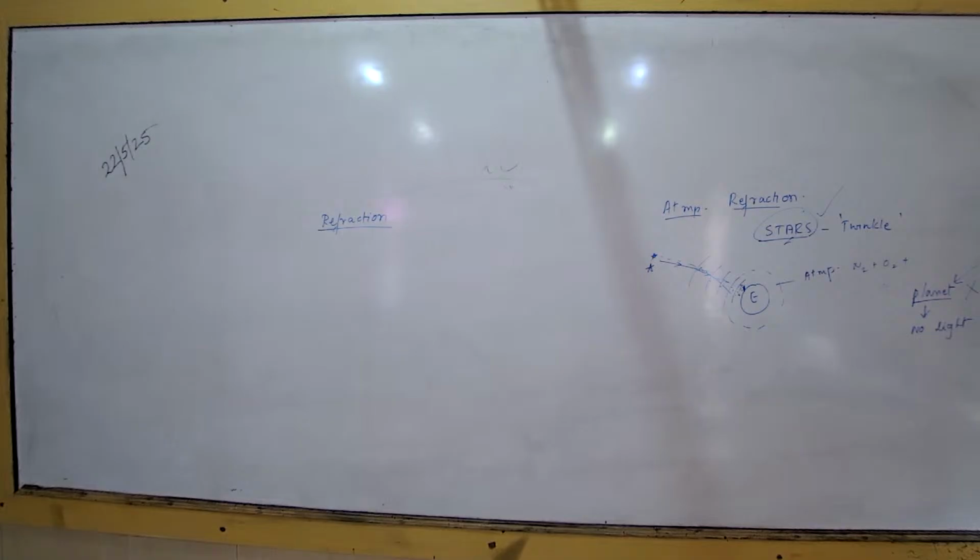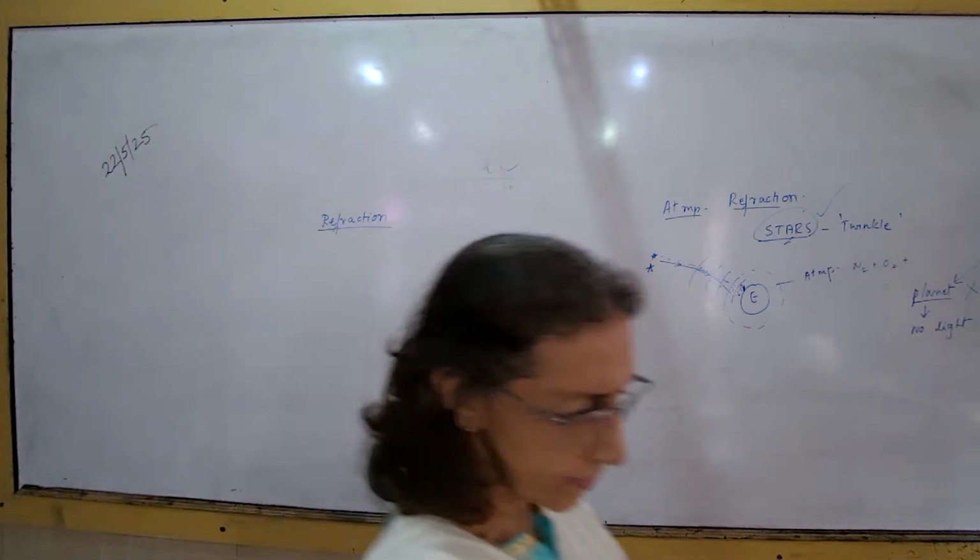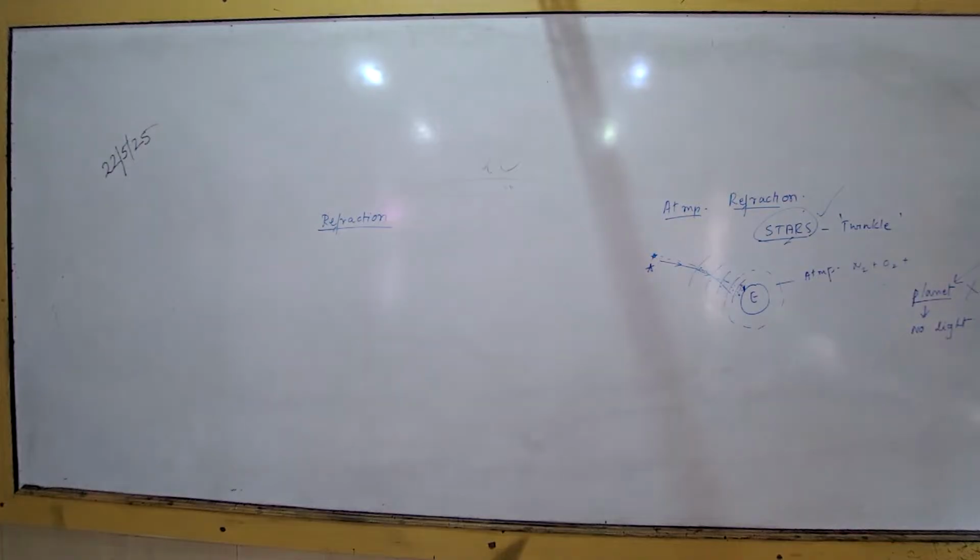When starlight is entering into the Earth's atmosphere, it is continuously undergoing atmospheric refraction. Then you talk about the changing refractive index because of different densities.